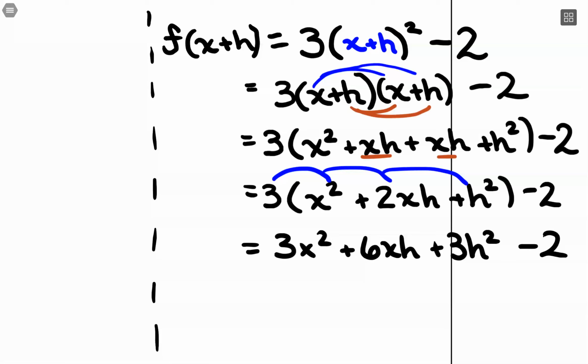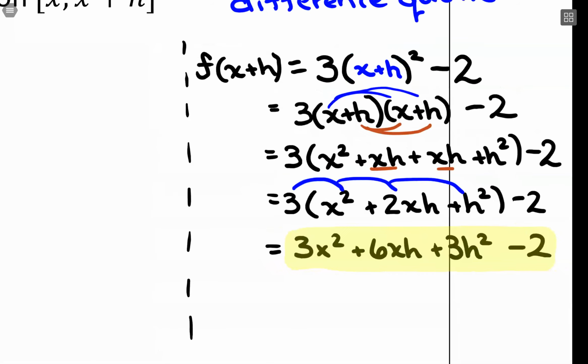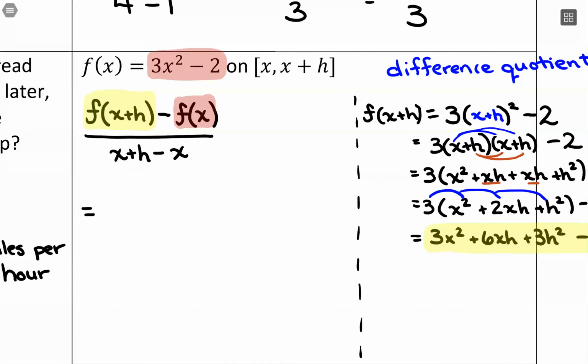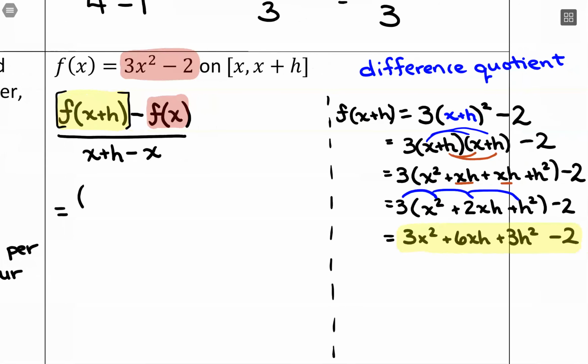Alright, so now this whole expression is going to replace that f of x plus h. For my next step, I'm going to put all of this into parentheses just to make things clearer. So I'll have 3x squared plus 6xh plus 3h squared minus 2.